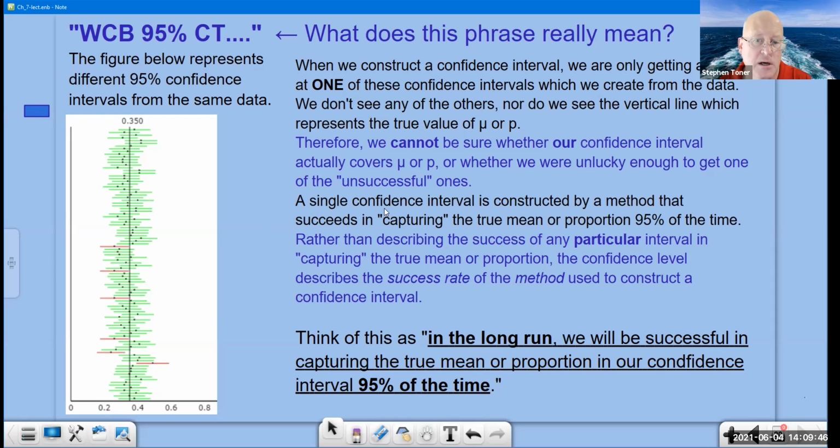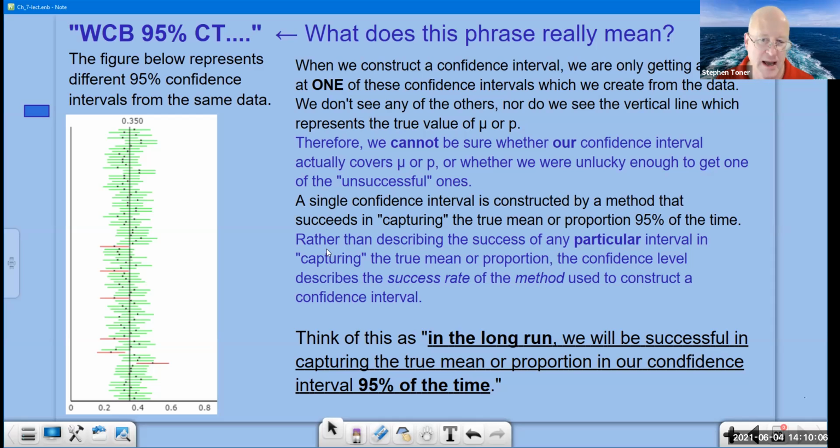A single confidence interval is constructed by a method that succeeds in capturing the true mean or proportion 95% of the time. Now, the method we're using is the formula that's programmed into our calculator.